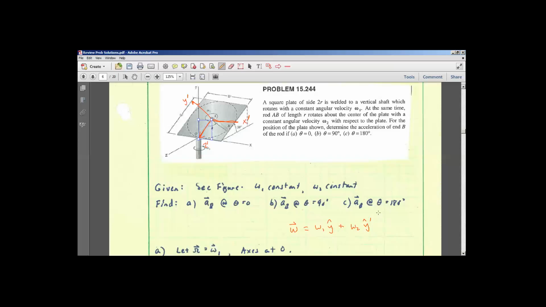All right, and you wanted to go over part A. Yeah, when it's just 0. So that's when it's down below, right, at the end.